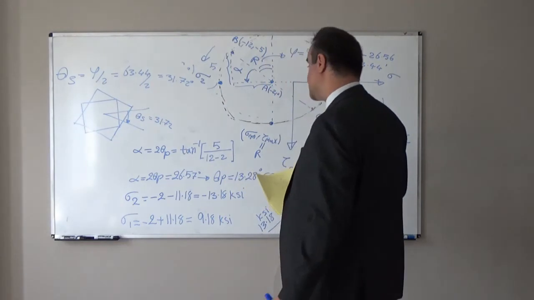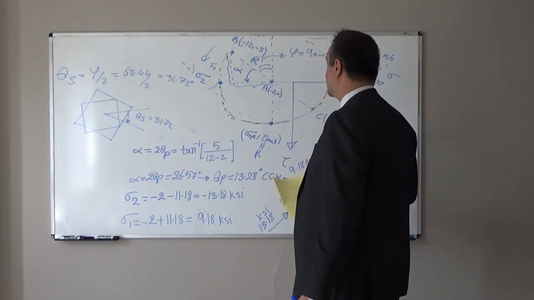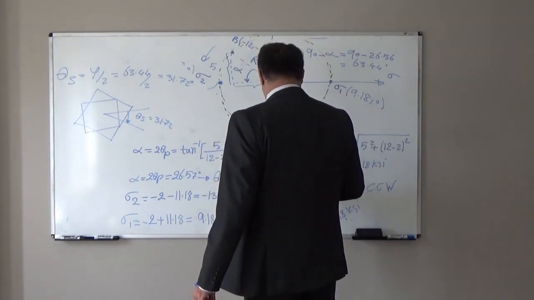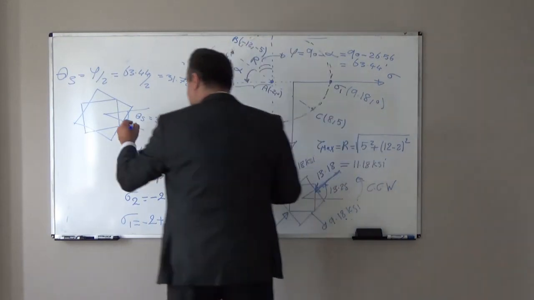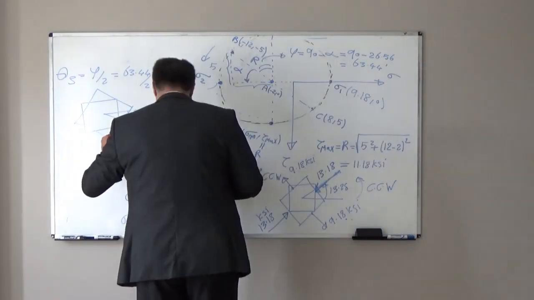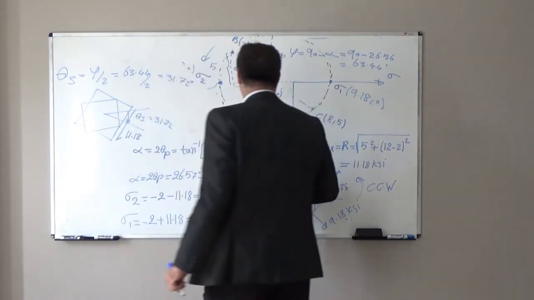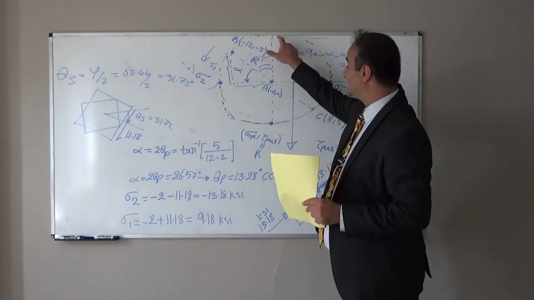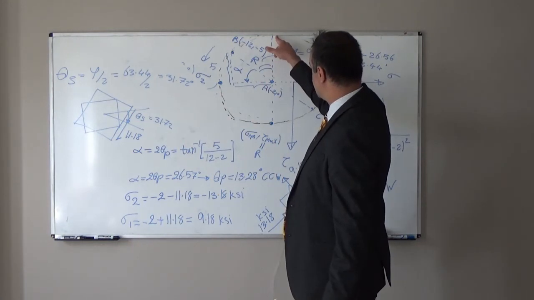In that case, on the face of this element, we will have maximum shear stress, and it is negative. So it will be in this direction, negative 11.18, because maximum shear stress is equal to the radius, and because it is on this side, this side is positive, this side is negative.